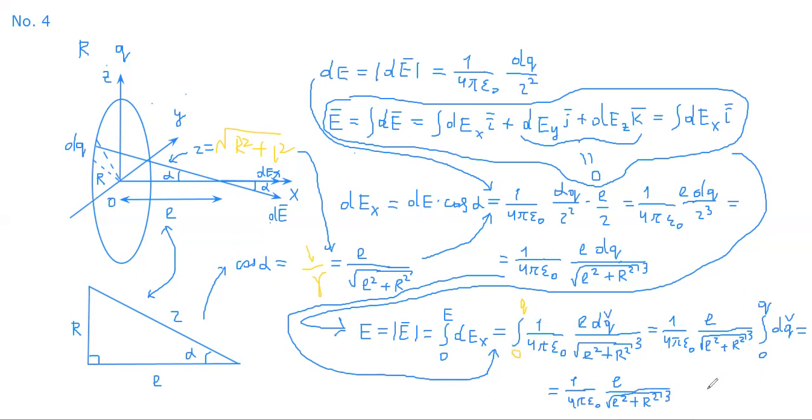And what will be here? Okay, it will be Q. I agree. So we have found electric field intensity on the axis of the ring.